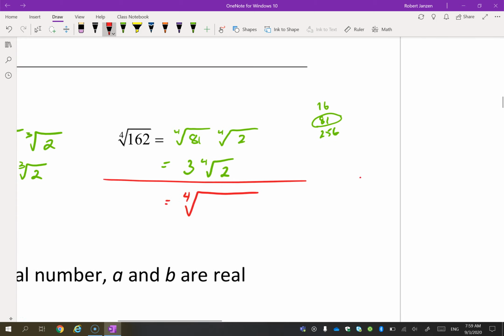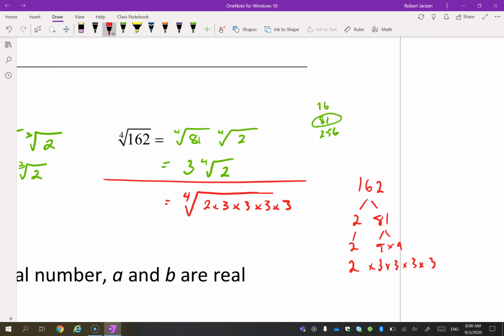If you remember how to do prime factoring, you would say, okay, 2 goes into there, 81. 81 is 9 times 9. And then this is 2 times 3 times 3 times 3 times 3. So I would write those all in here: 2 times 3 times 3 times 3 times 3.